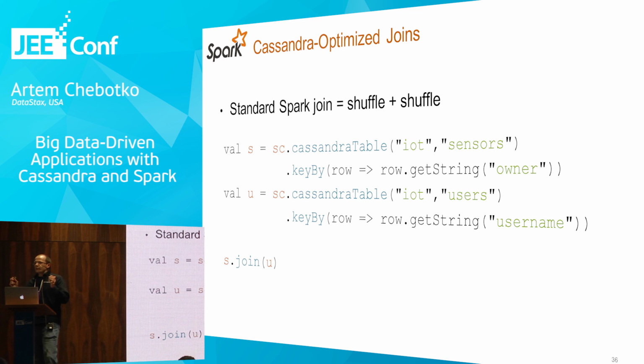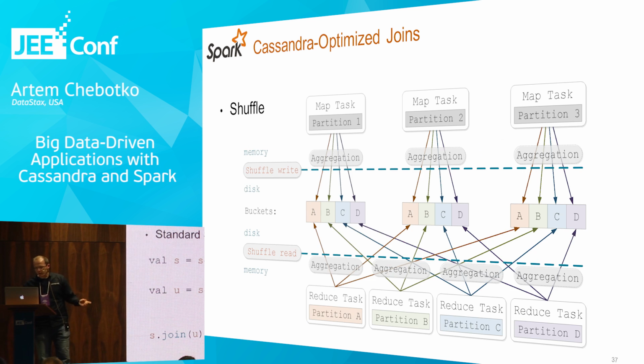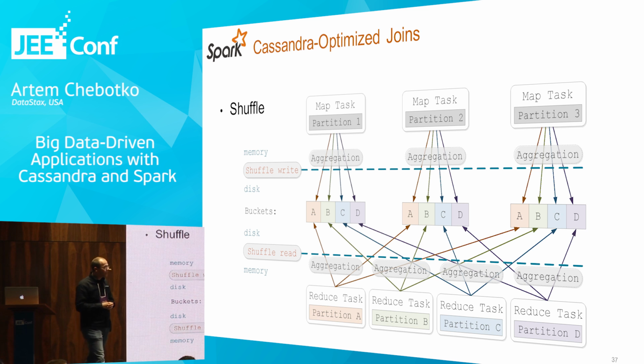So this is a standard Spark join, and it's expensive because you have to shuffle two data sets. How many of you know what shuffling is? Okay, I'm going to talk a little bit about shuffling to give you an idea. Shuffling is essentially repartitioning your data.